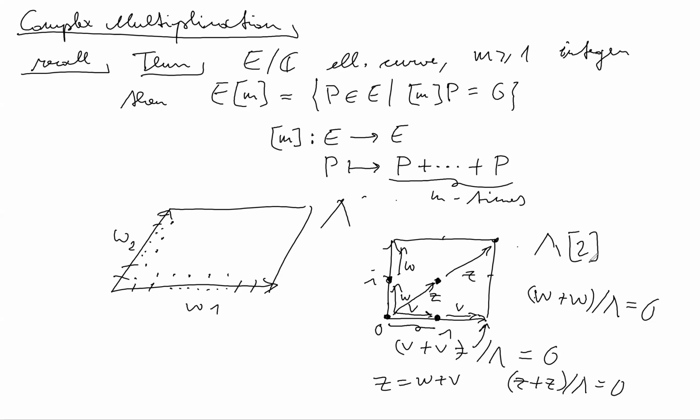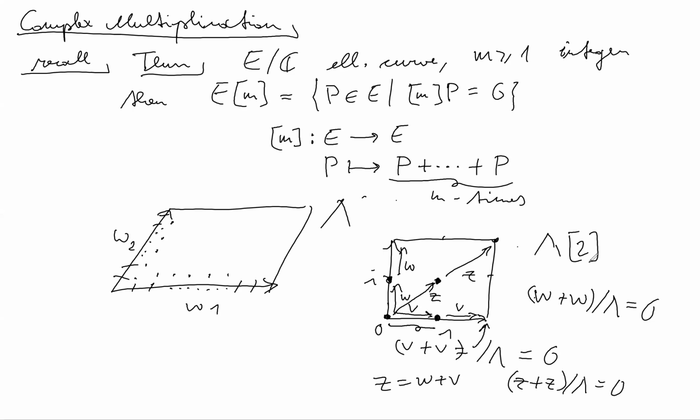So what we see is that if I take an elliptic curve over the complex numbers, then any m-torsion exists. This is actually a bit different to elliptic curves defined over other fields, because for those, maybe not all the m-torsion exists, or maybe all the m-torsion only exists over some closure. But over C, you just divide your lattice into m points, and then you always get these torsion groups.